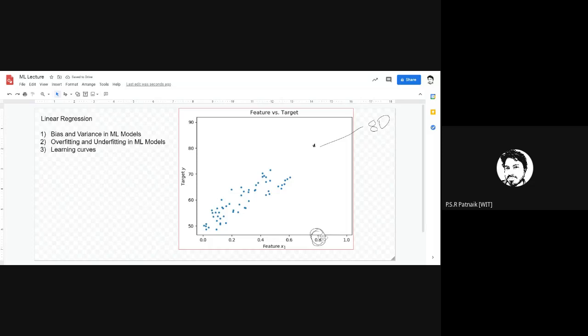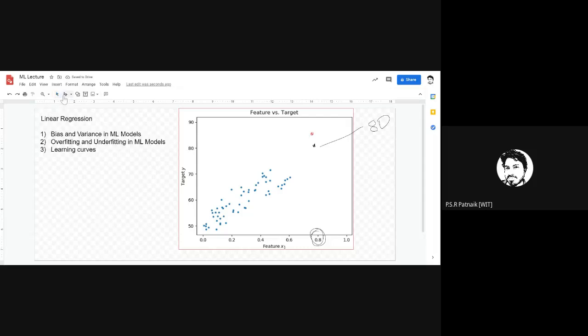But my machine learning model, what is it trying to guess? Let me change the color. What my ML model has done is it has guessed this value. I'll make it red.